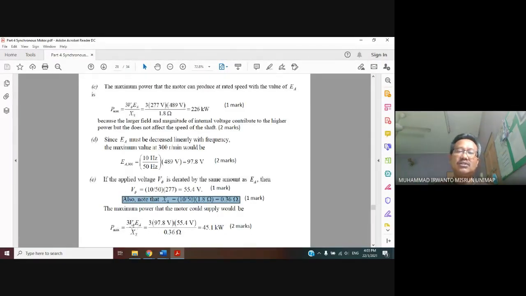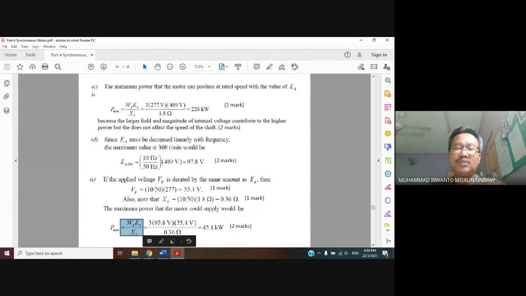3 multiply phase voltage multiply internal generated voltage over XS. The value here is for the condition rotor speed of 300 RPM.